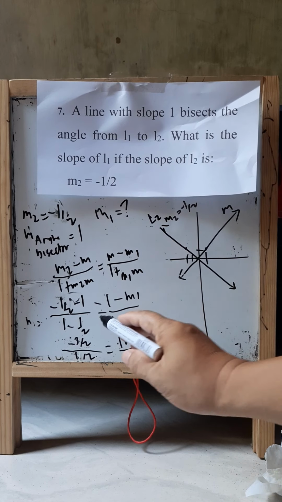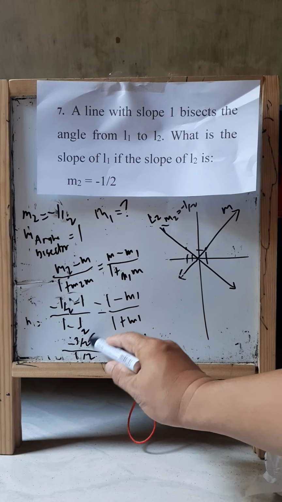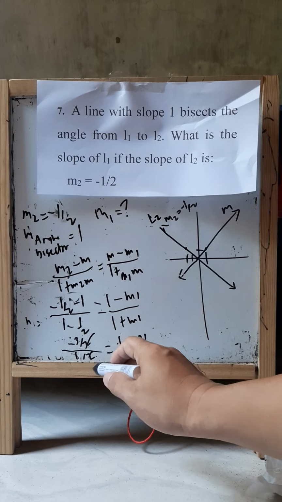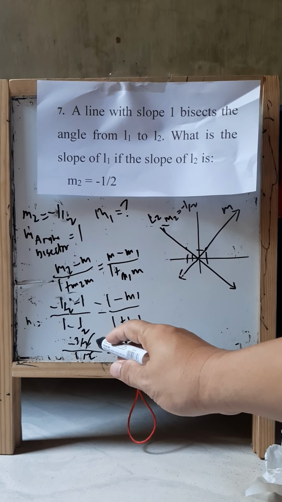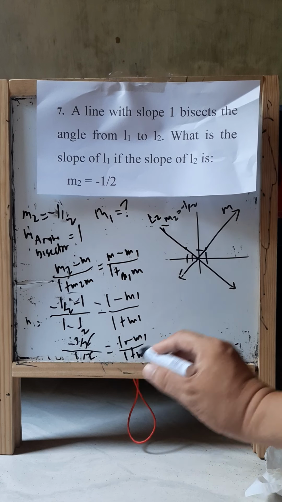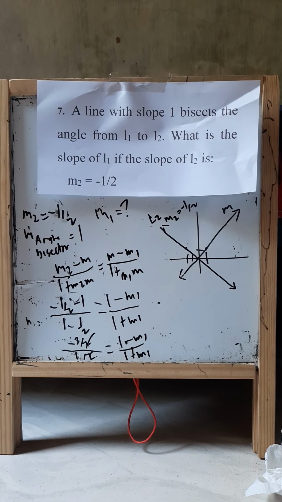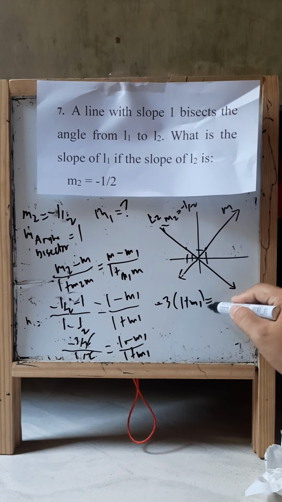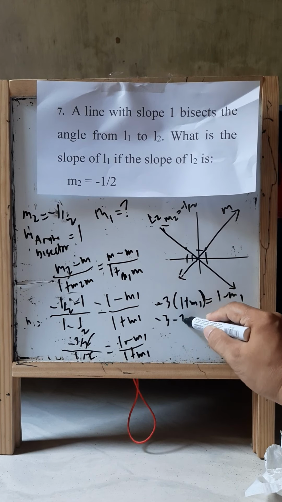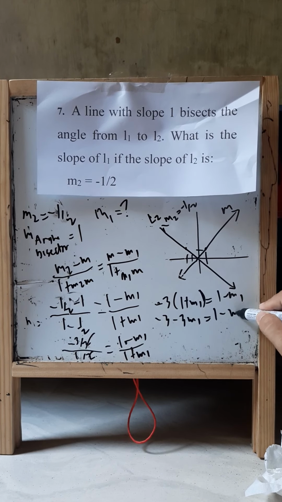So on this part, we can now cancel the denominator 2. So ang natira na lang dito sa left side of the equation is negative 3. So that negative 3 times 1 plus m sub 1 is equal to 1 minus m sub 1. Negative 3 minus 3 m sub 1 equals 1 minus m sub 1.